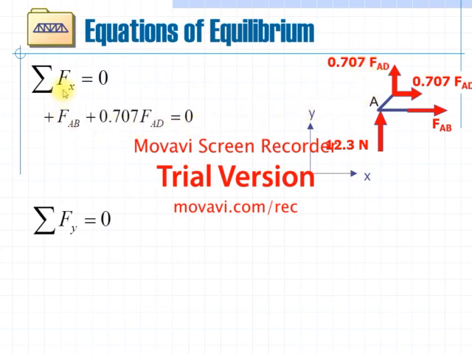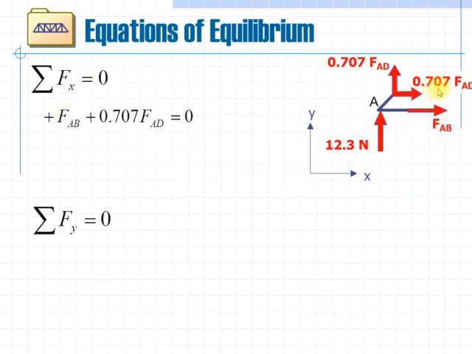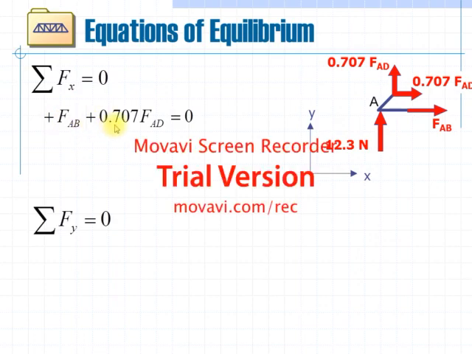The horizontal forces are FAB and 0.707 FAD. Both are going to the right direction, therefore both are taken as positive. FAB plus 0.707 FAD is equal to 0. Therefore, FAB is equal to minus 0.707 FAD.